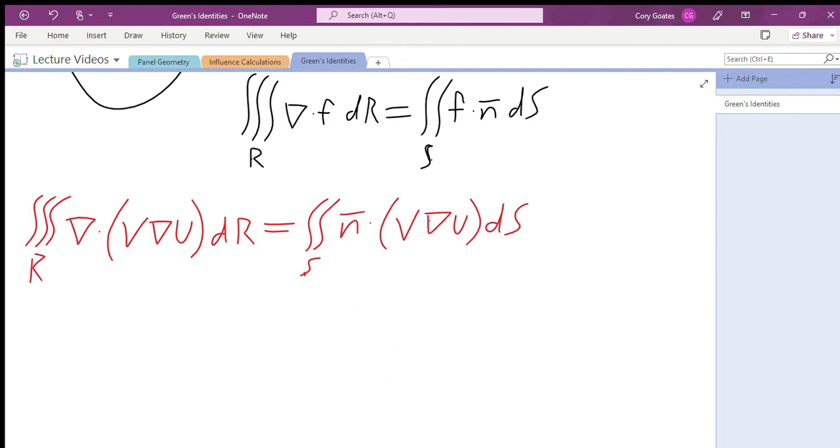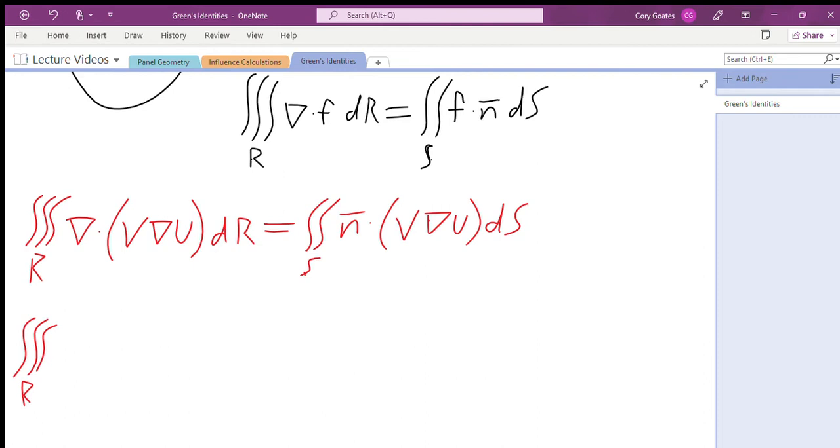Now for this first term here on the left, we need to apply the product rule. The gradient is a derivative operator, so if we want to apply it to v times grad u, then we need to use the product rule. So let's distribute that through. Okay, so the triple integral over R, let's apply it to the first term.